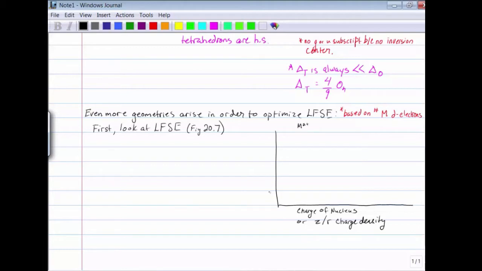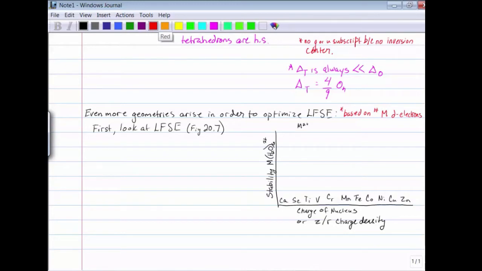And on the y-axis, I'm going to have the stability of just a metal hexaaqua, so 6 waters down to the metal. So I'm going to start over here at calcium. So those are my 4th row, or really the 1st row of the transition metals, including calcium.